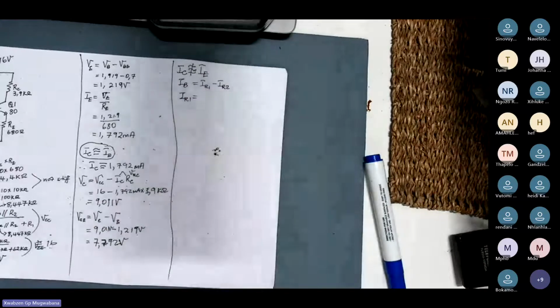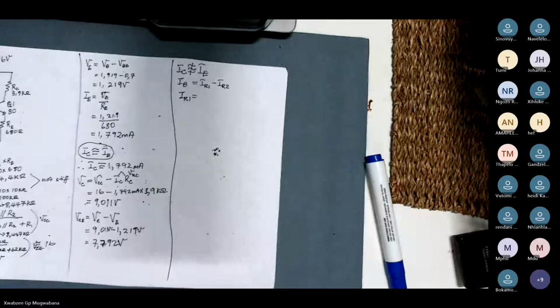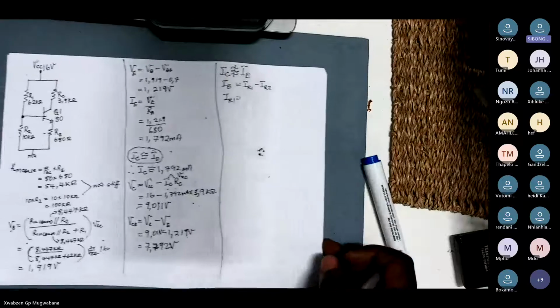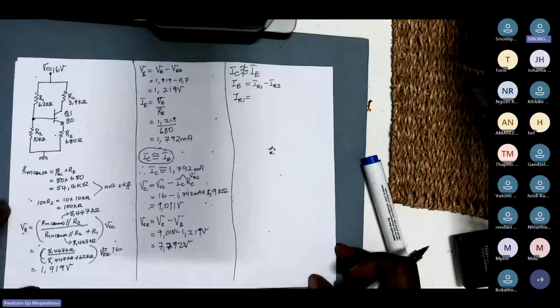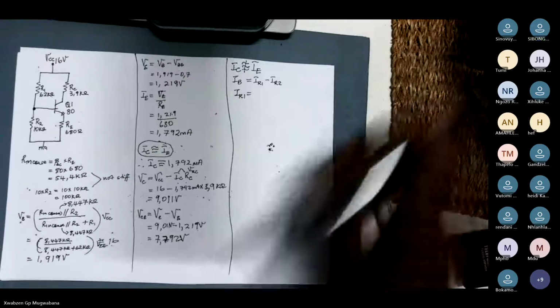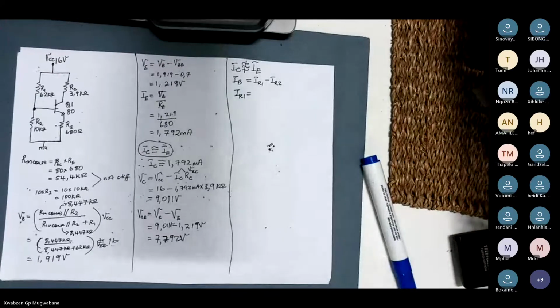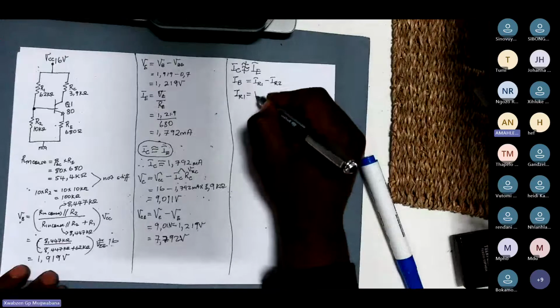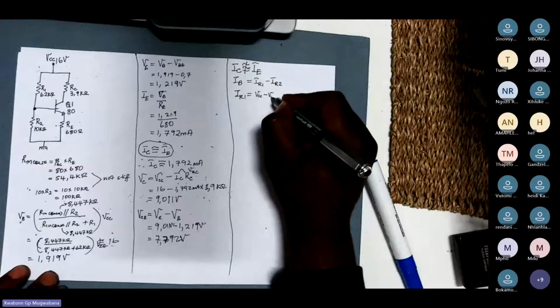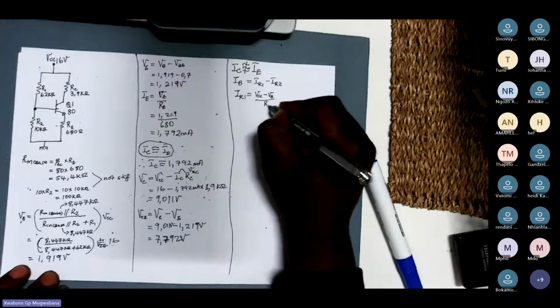How do I find IR1? It will be VCC minus VB divided by R1.